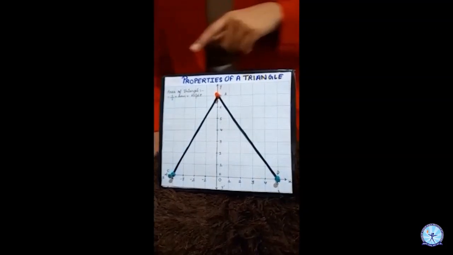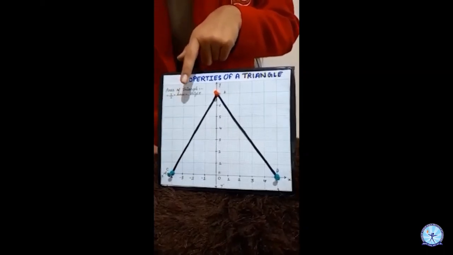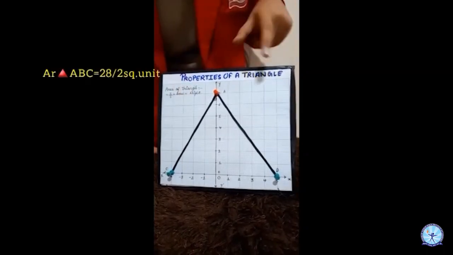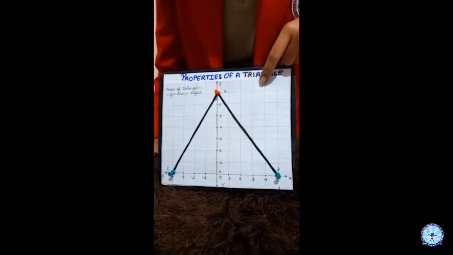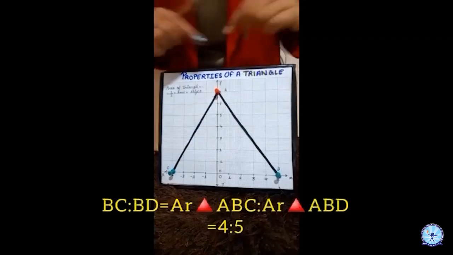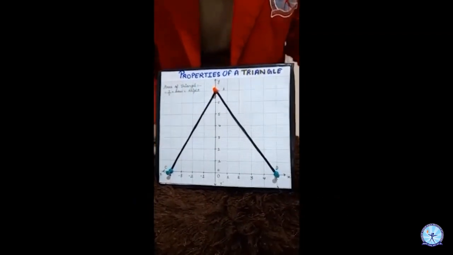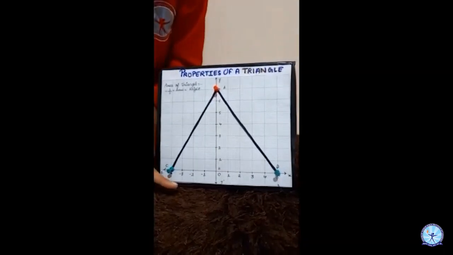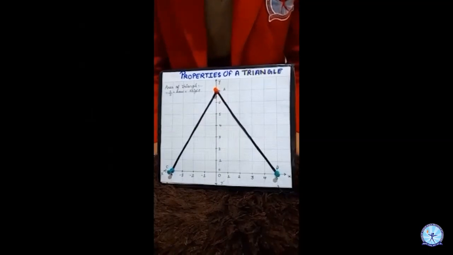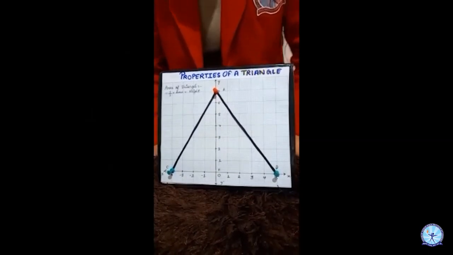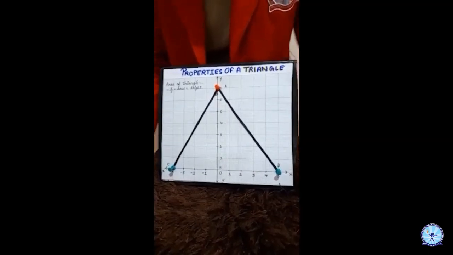As we know the area of a triangle is half base into height, the area of triangle ABC is 28 by 2 units square, whereas the area of triangle ABD is 35 by 2 units square. The ratio of their areas is 4:5 and the ratio of their bases is also 4:5. Hence it is concluded that the ratio of the areas of two triangles with the same height but different bases is equal to the ratio of their bases.